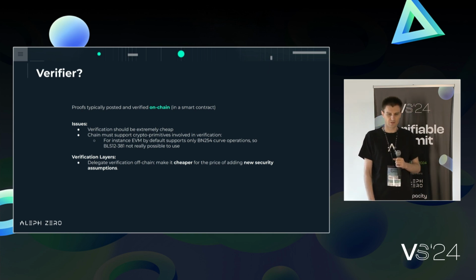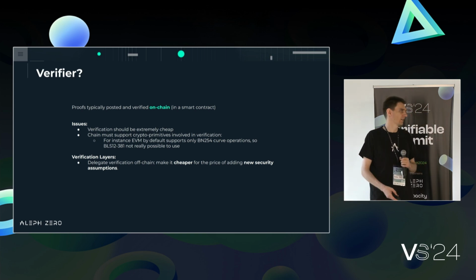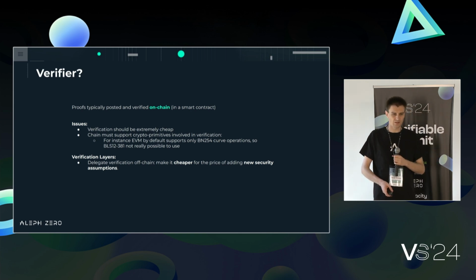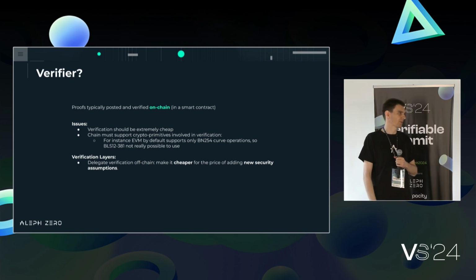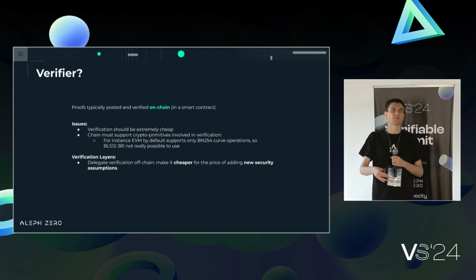So there are a couple of projects who try to kind of help with verification. There are issues with verification. You cannot really verify all kinds of snarks on chain. So they allow you to do that by delegating this verification kind of off-chain. Okay? So basically the way it works is you have some off-chain agents who wait for proofs to be posted on chain, and they attest that the proof is correct without the proof actually being verified directly on chain.